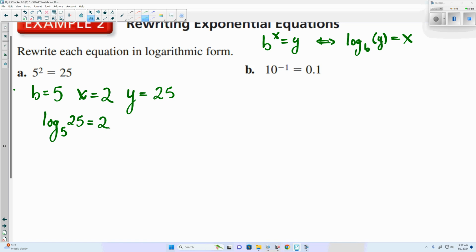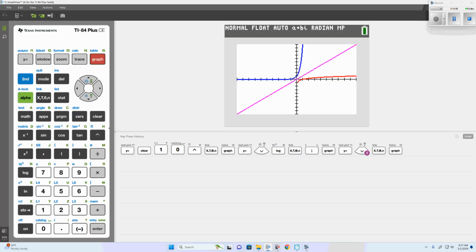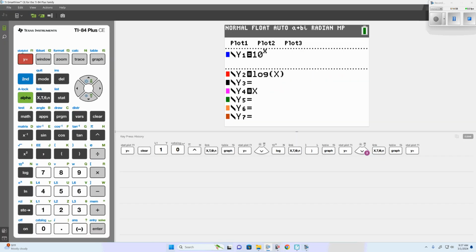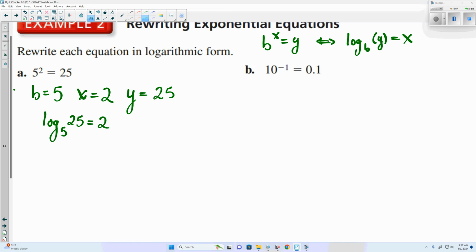There are ways to calculate this in the calculator, but unfortunately the log button that we have won't just give us it, because it has a specific base. When I typed these graphs earlier, that log has a base of 10. It's called one of our common logs, base 10. Since this base is 5, we can't just hit the log button. There are certain things we have to do.